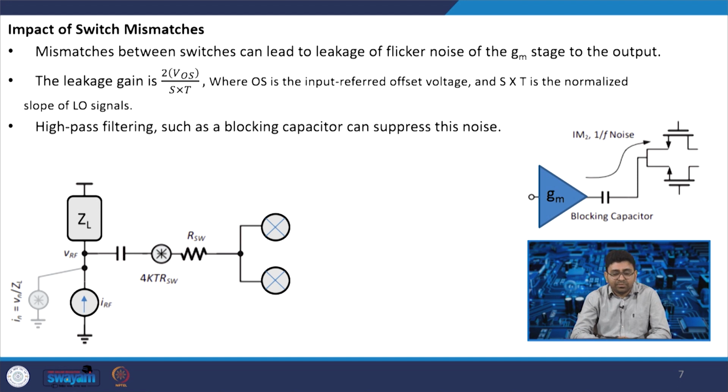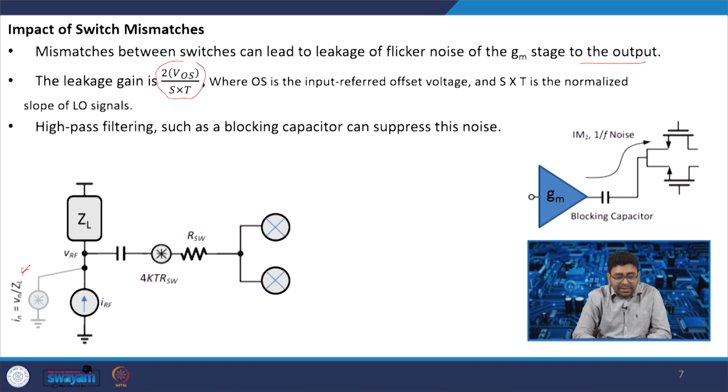So, the impact of switch mismatch: mismatches between the switches can lead to leakage of flicker noise of the GM stage to the output. That will be leakage, and the leakage gain is 2 times V_offset by S_n to T. We have already derived how this S_cross_T came, where V_offset is the input required offset voltage, and S_cross_T is the normalized slope of the LO signal.